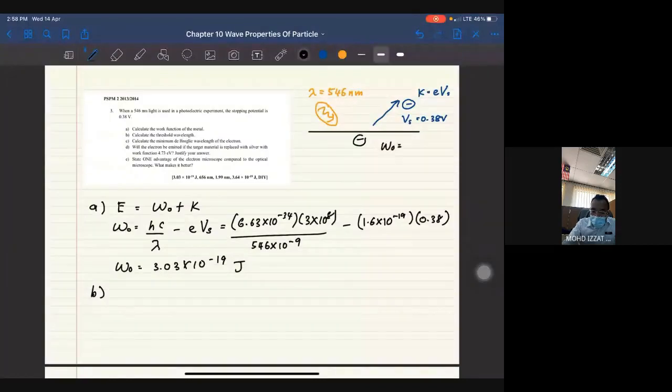So just now, I already wrote down the equation over here. Since you have the W naught, you can calculate the f naught. f naught also represents the metal or the surface itself. So f naught is equal to W naught over h. Make sure you use SI unit in joule because you have Planck's constant over there.